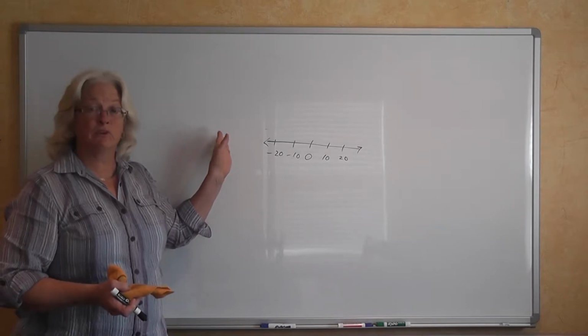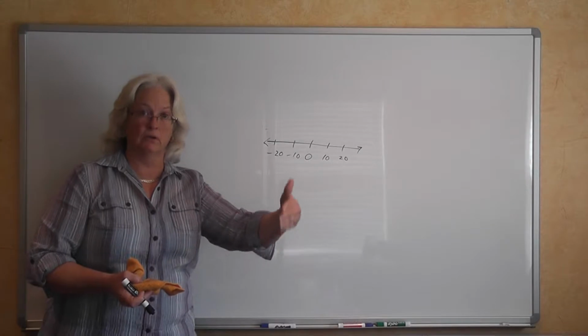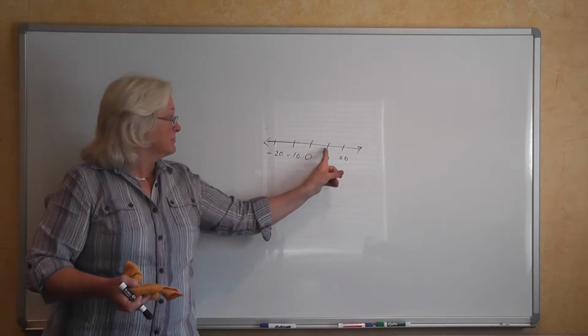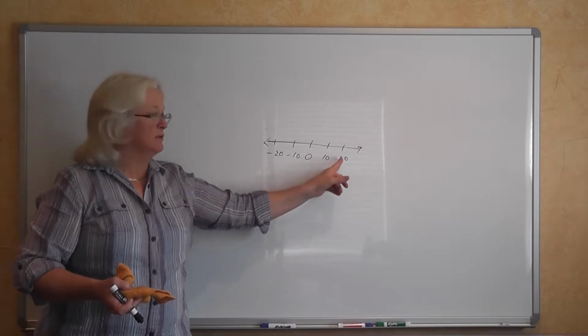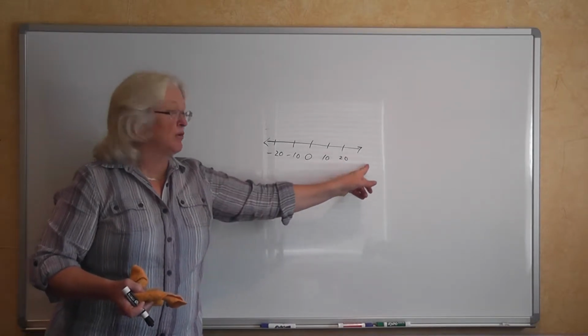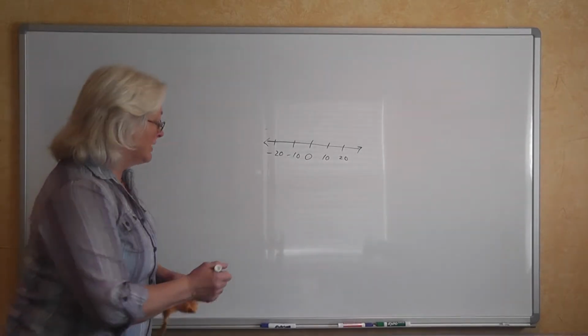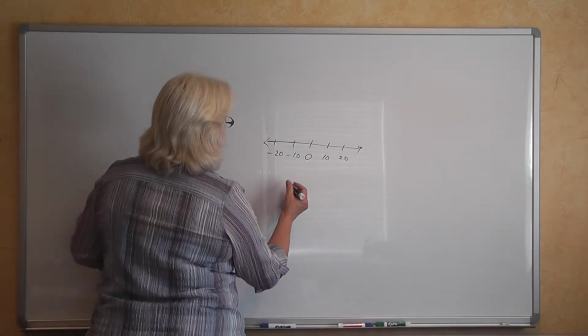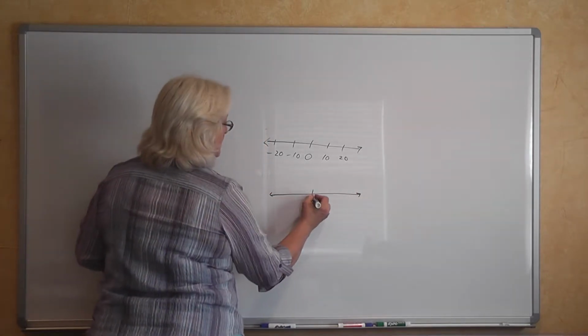This is a good example of a number line. You don't have to go by single digits, 1, 2, 3, but you have to use multiples here. 0, 10, 20, what's going to be next? 30, 40, 50. There has to be a pattern that you can repeat. So that would be an okay number line.